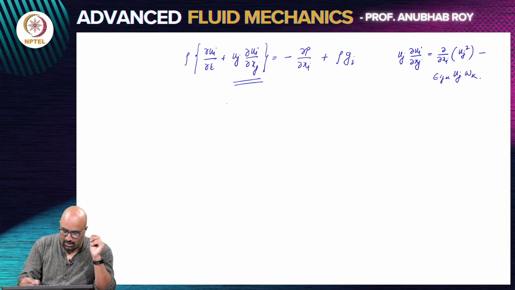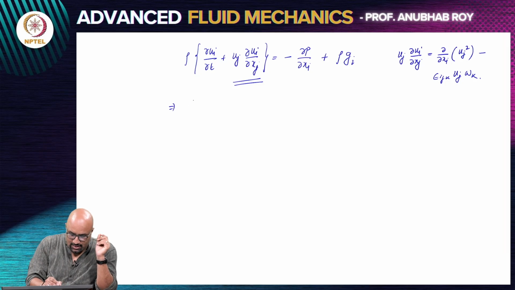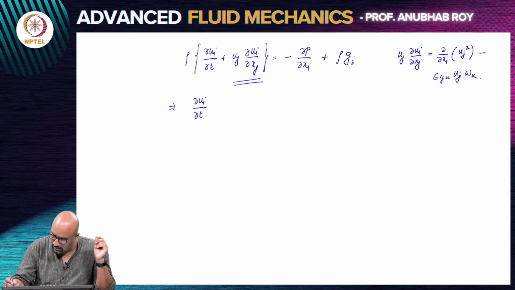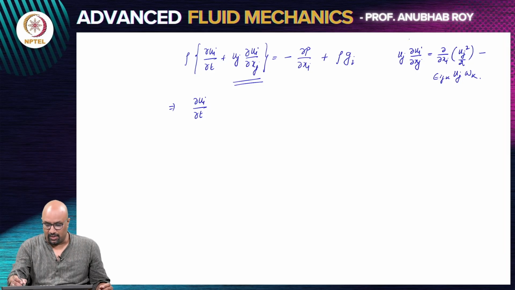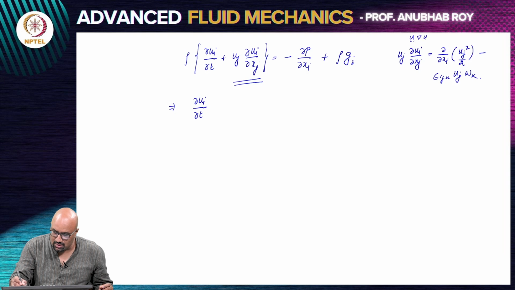Now, if I take my density to the other side, so I believe there is a factor of 2 here. So u dot del u is the gradient of u squared by 2 minus u cross omega. So vector notation is this.